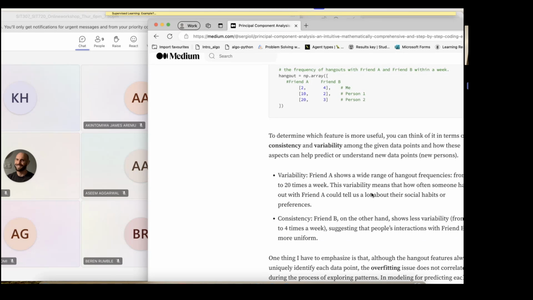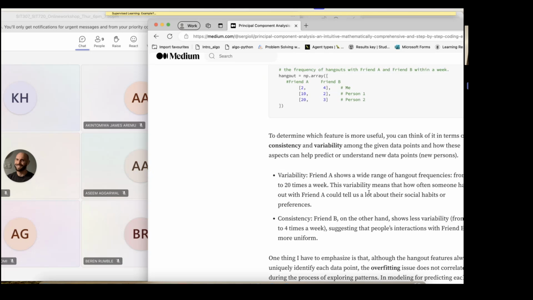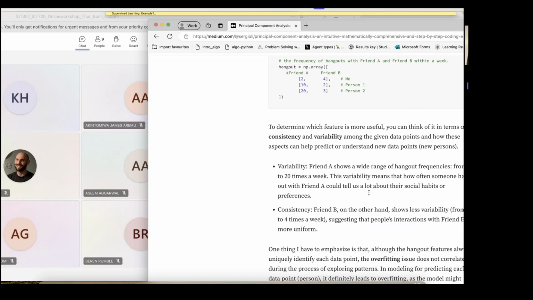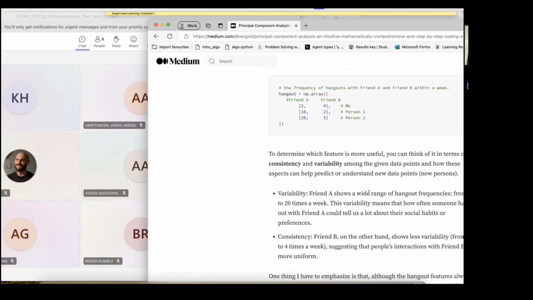So how do we measure this variation? This is a problem. I just want to ask this because all of you know we use variance, right? But I hope you know why variance can measure this variation.